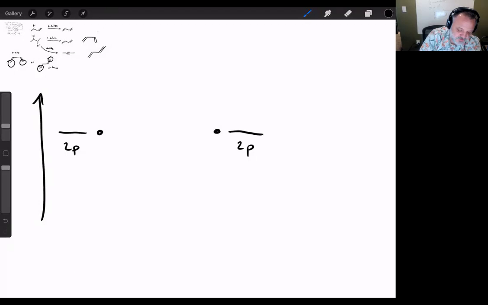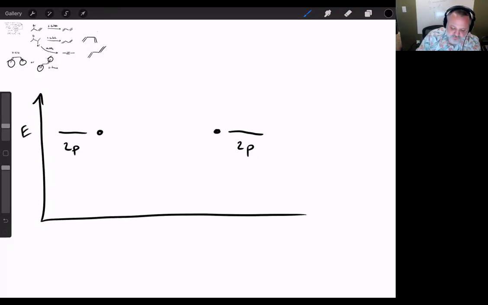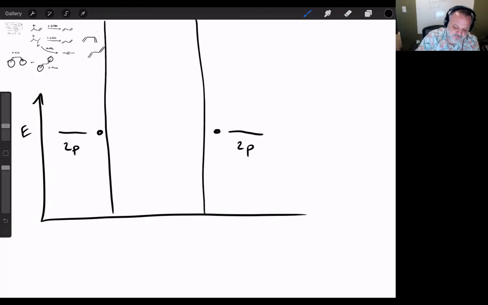One of the things that we want to invoke, another rule about symmetry, is an energetic symmetry. Remember that these are essentially energy graphs. And if I have two orbitals and they are at a particular energy level and I want to combine them into a new type of orbital, and I want to just draw some lines to designate the space between, this is atomic orbital space and this will be my molecular orbital space.